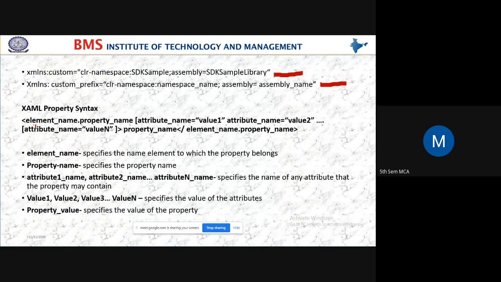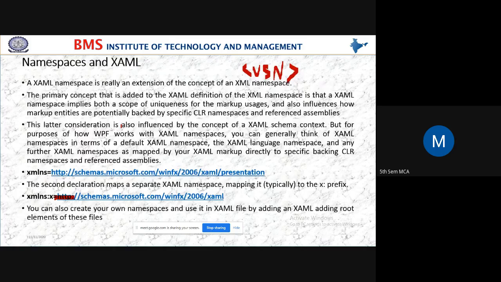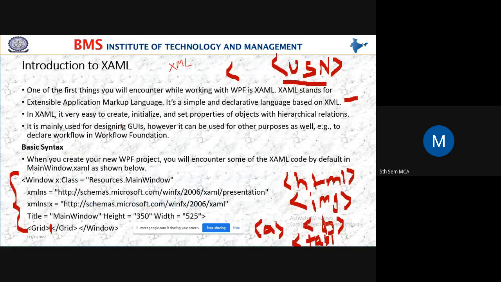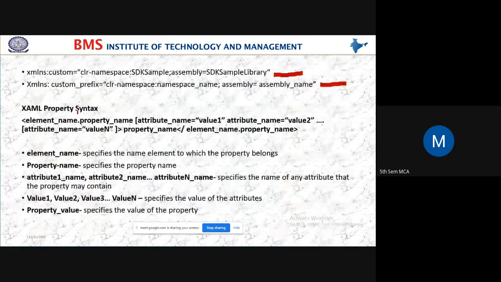The syntax is element_name.property name, then the attribute names: attribute name is equal to value 1, attribute name is equal to value 2, attribute name is equal to value 3, and so on up to value n, and the property name in the angle bracket: property name.element name.property name.